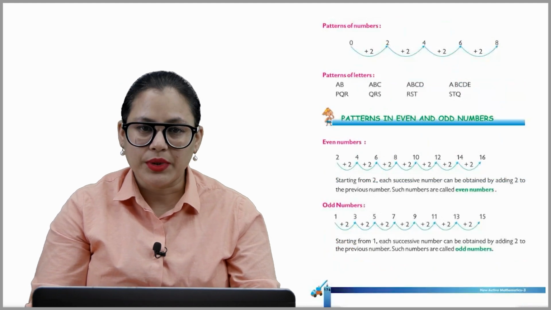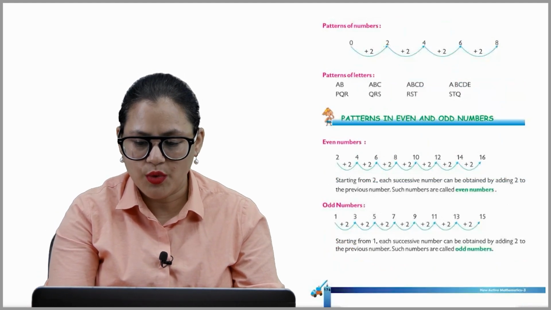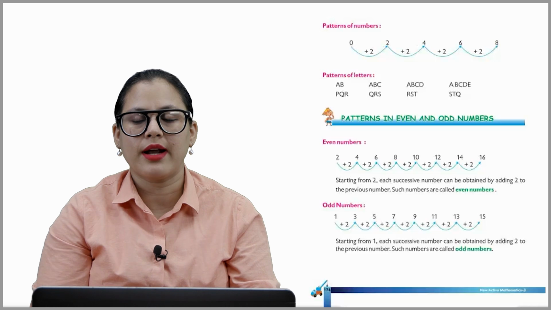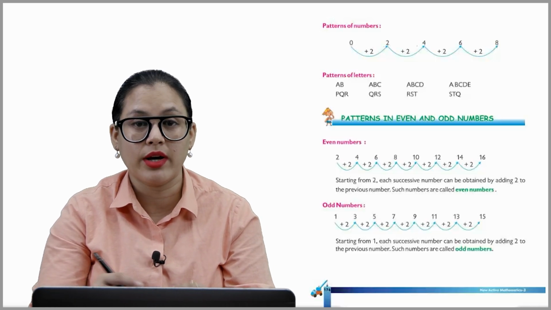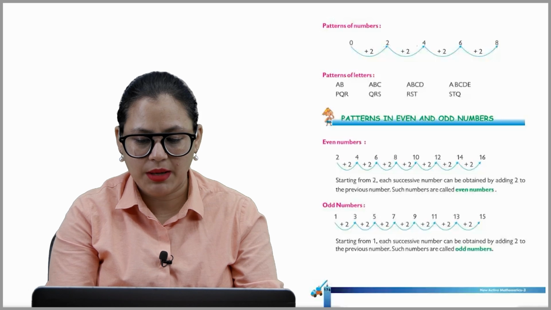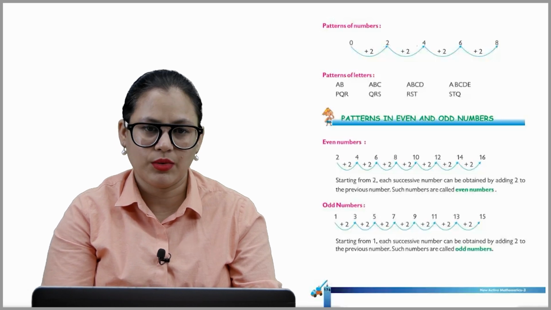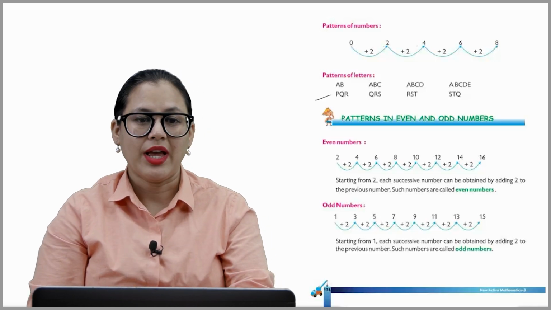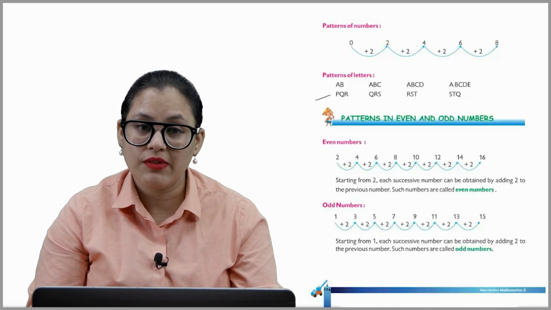Pattern of numbers. As you can see, 0, 2, 4, 6, 8. Here we are adding 2 to every number and we are getting the next number. Patterns of letters like A, B, A, B, C, A, B, C, D, A, B, C, D, E. Similarly this one. Patterns in even and odd numbers, even numbers.